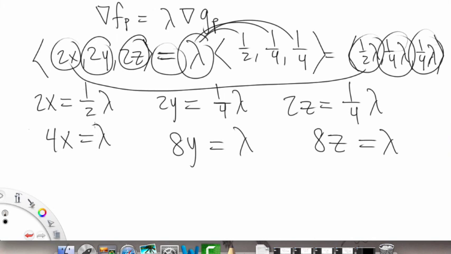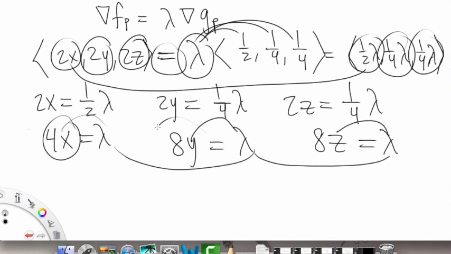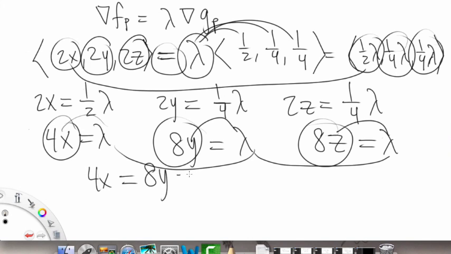We have a lot of equalities going on, right? So lambda should equal 4x, lambda should equal 8y, and lambda should equal 8z. Since these are all the same lambdas, we can set everything on the left side equal to each other. So now we have that 4x is equal to 8y is equal to 8z.